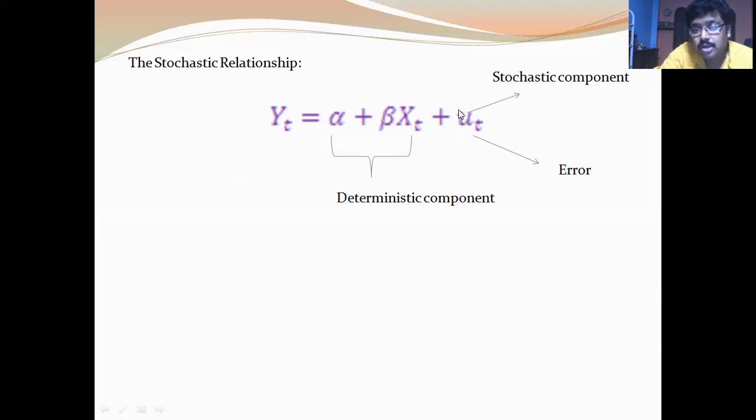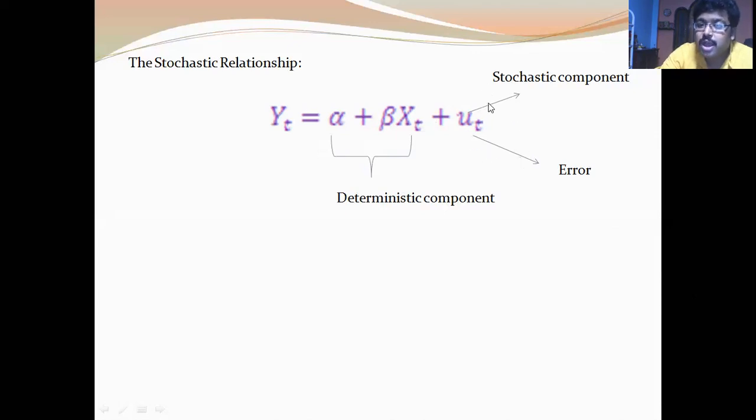If I do not introduce ut in this relationship, then we do not consider the unpredictable element of randomness in human responses. So this unpredictable element of randomness in human responses is considered here by ut. Effect of a large number of omitted variables.